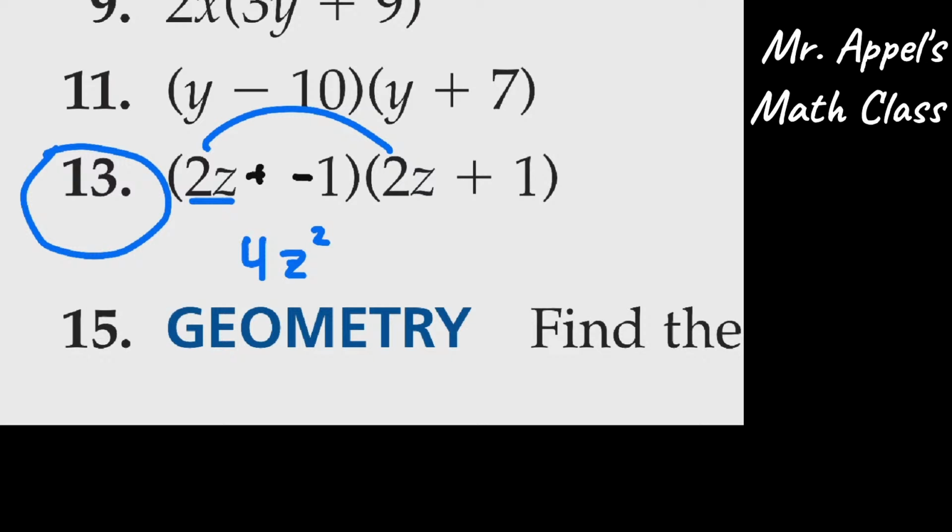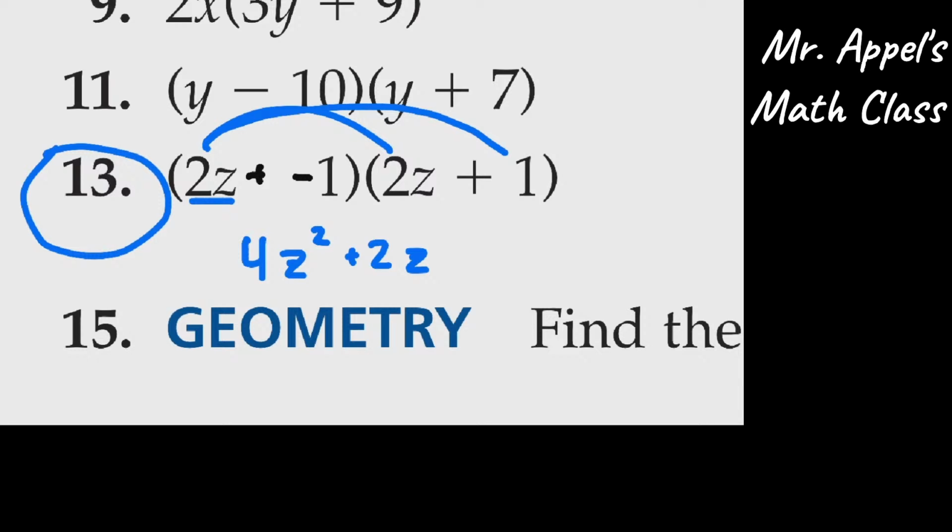Next up, 2z times 1. So that's just a positive 2z. And now we've done all of the things over there, and I'll move on to the next item in the first box.